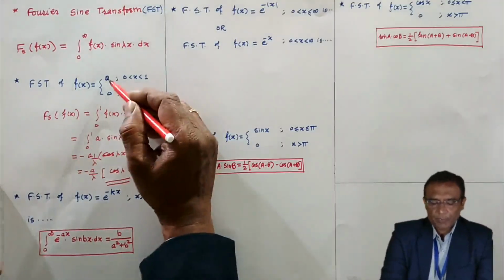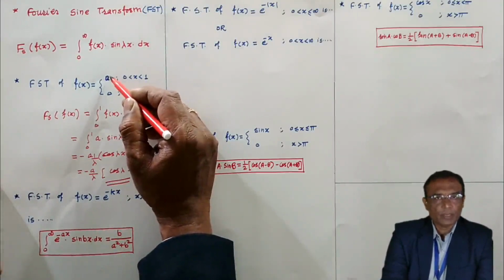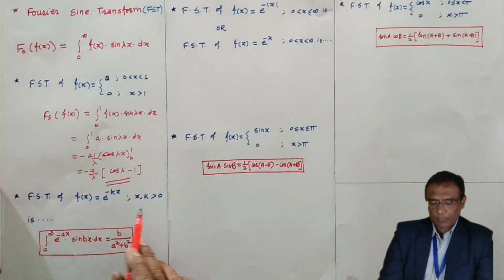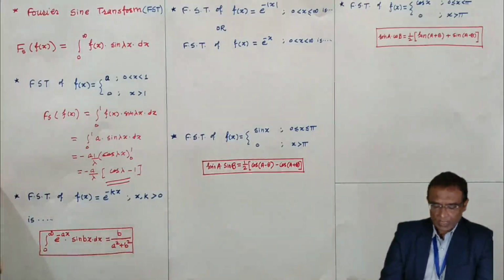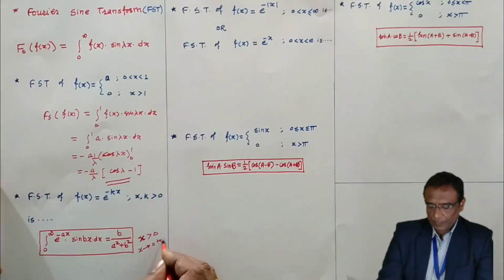In examination, this a may be replaced by any other constant: 1, 2, 3, 4, 5, like that. Now, the Fourier sine transform of f(x) for k greater than 0 and x greater than 0, that is, x varies from 0 to infinity.